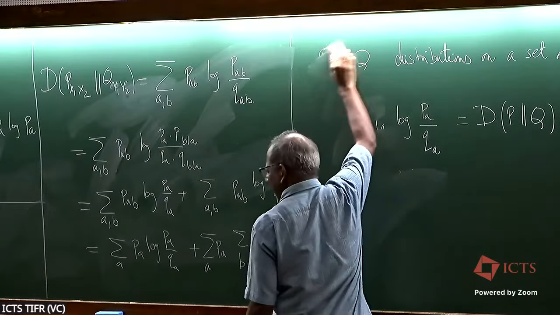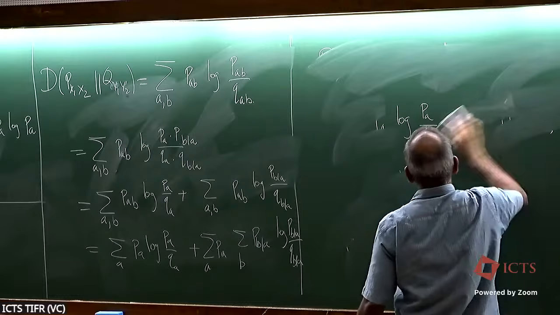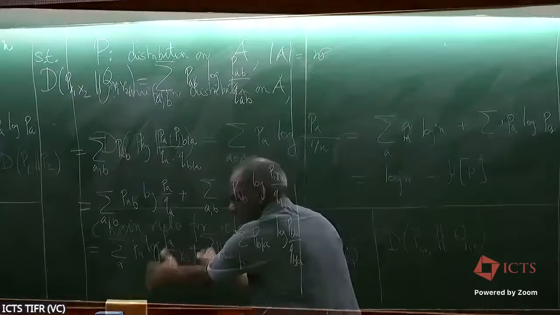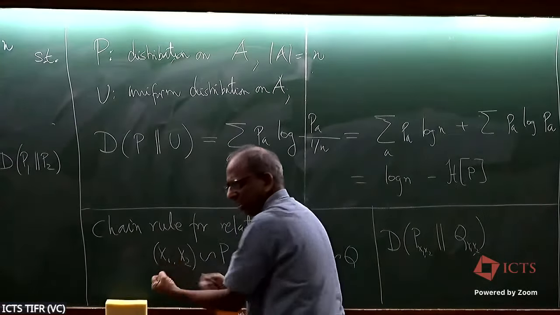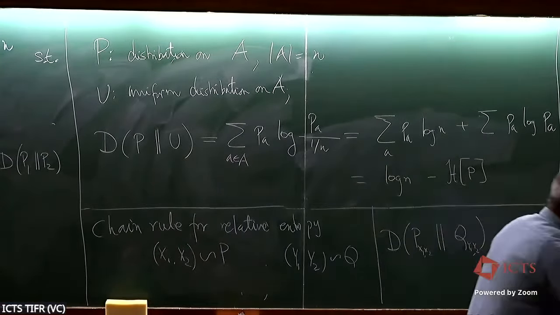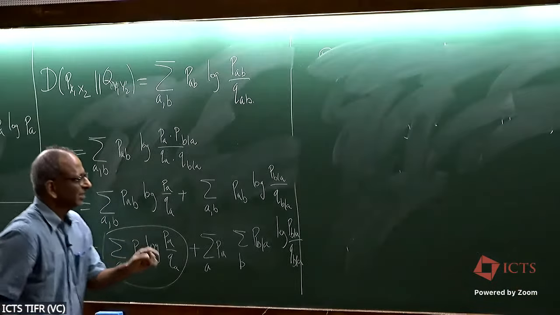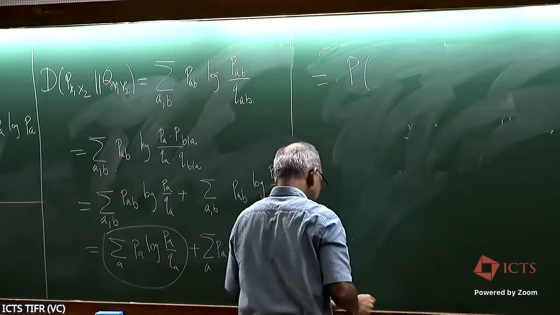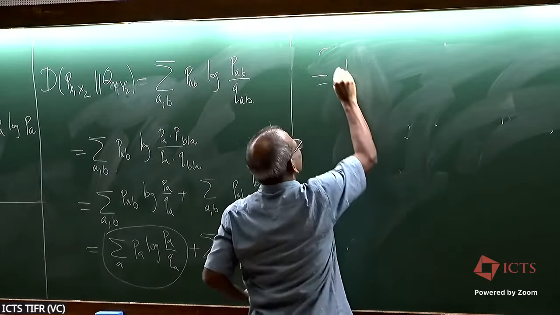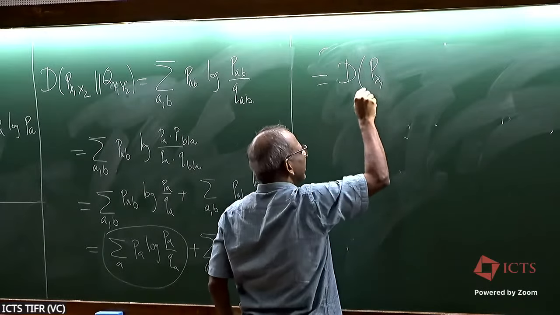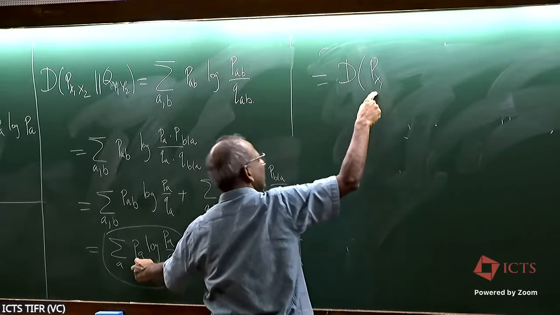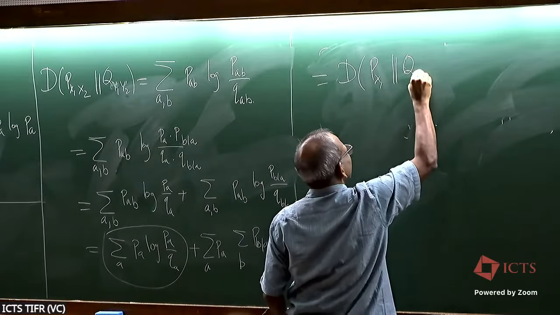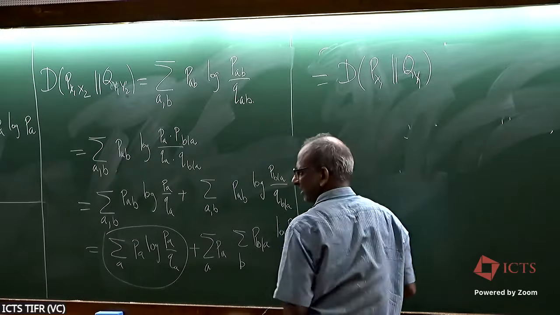So it's become quite pleasant. What does it say? The relative entropy between these two composite systems is the relative entropy between the first part, because this is the relative entropy between P of x1, the marginal distribution of x1, and the marginal distribution of y1.